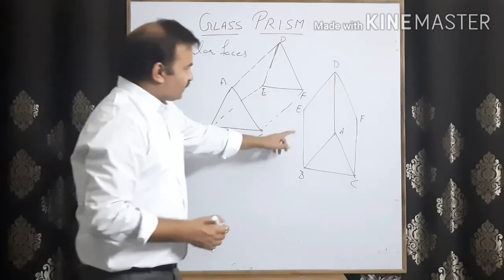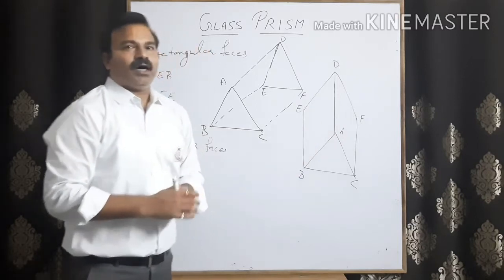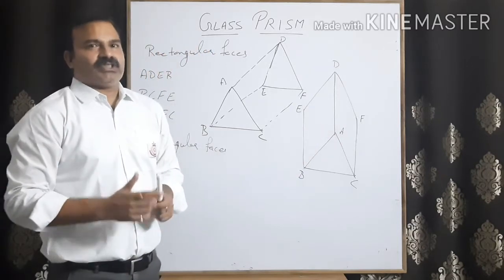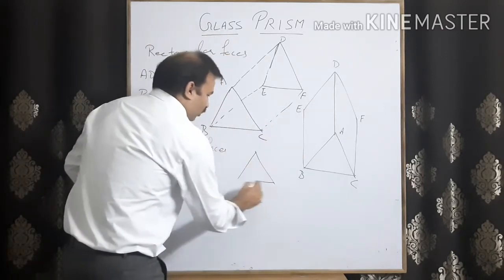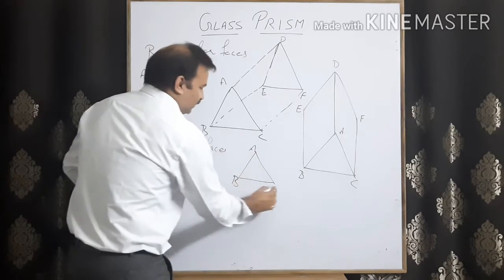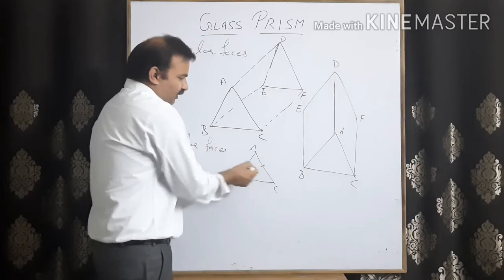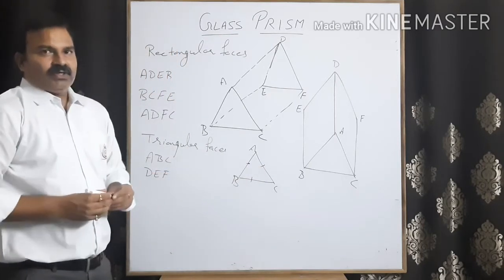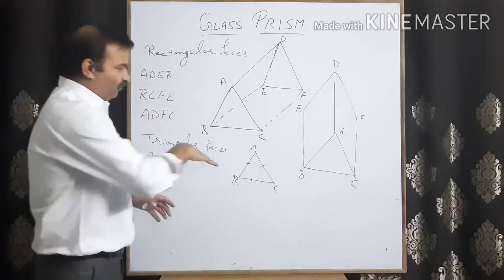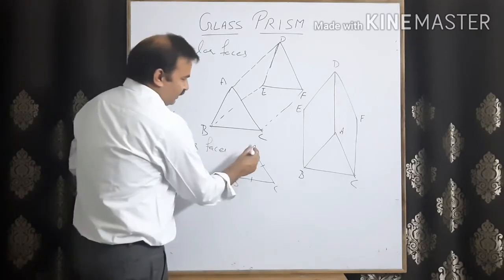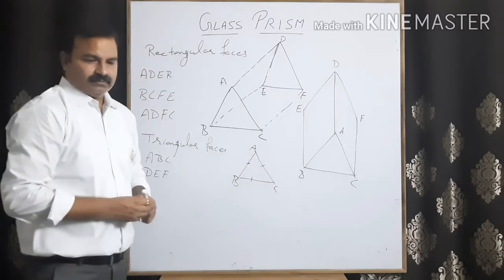Now, the faces of this prism are not opposite; they are adjacent to each other. If we talk about a triangle ABC, AB and BC are adjacent, and AB and AC are adjacent. So the top view of this prism will be like this, as I have drawn here, that is ABC.